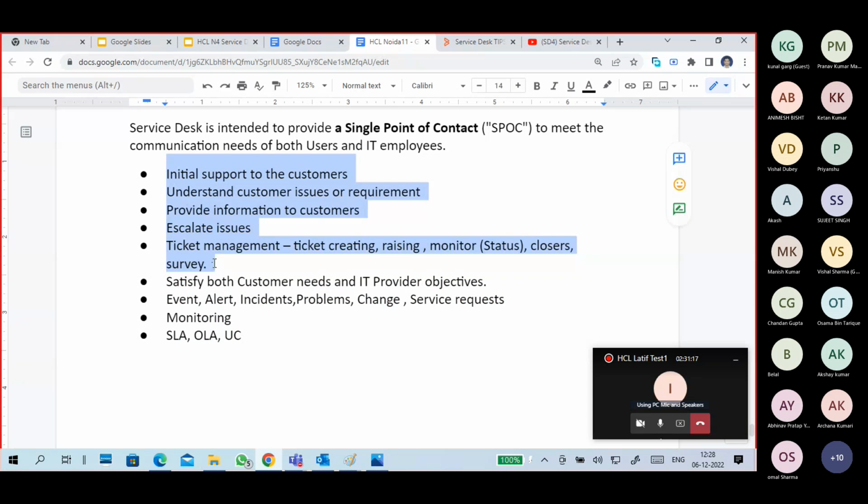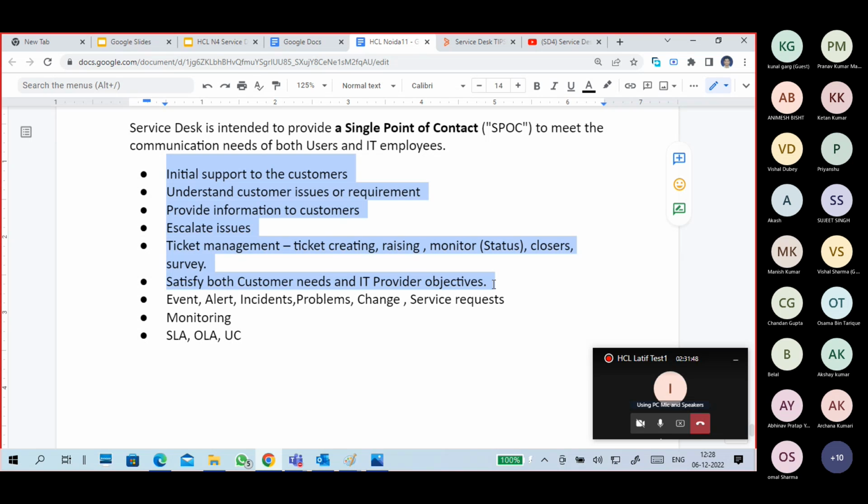Mainly these points are very important. What is a service desk, guys? A single point of contact between user and IT employees. The service desk provides initial support to the customers, understands customer issues and requirements, provides information to the customers, creates a ticket, raises a ticket, and monitors the ticket status.